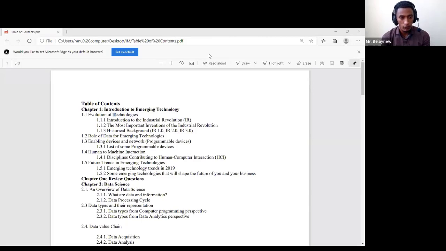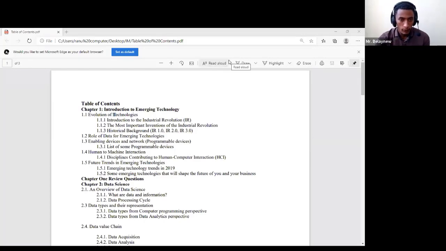Okay, so we will see different programmable devices. There are special purpose devices and general purpose devices. In the case of a special purpose device or computer, each computer only performs a single functionality, or it may be used for solving a single problem.